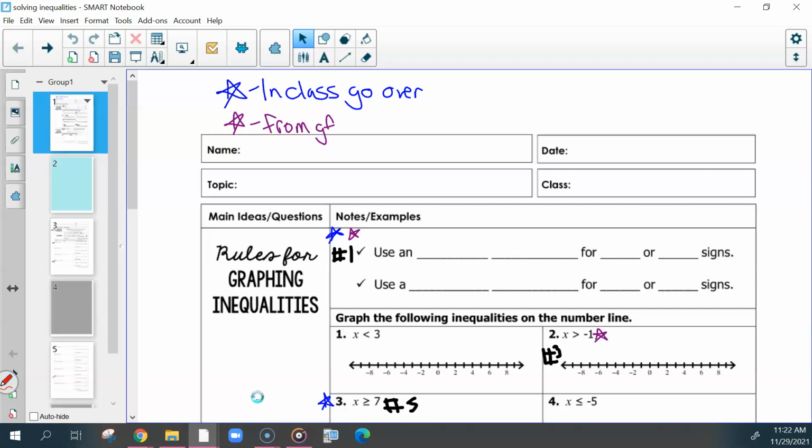When we get into graphing inequalities, how we graph equations will be very similar, but a little bit different. And then systems of inequalities will look very similar to how we did systems of graphs, but a little different. So a lot of this will be familiar to you, but also a little different.